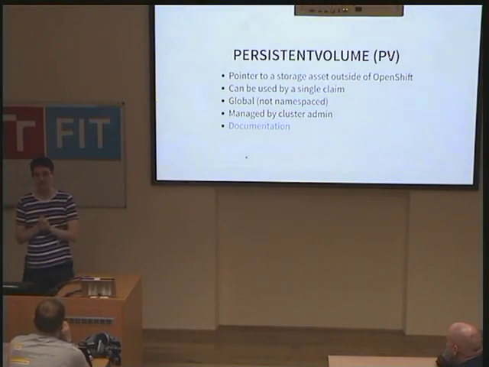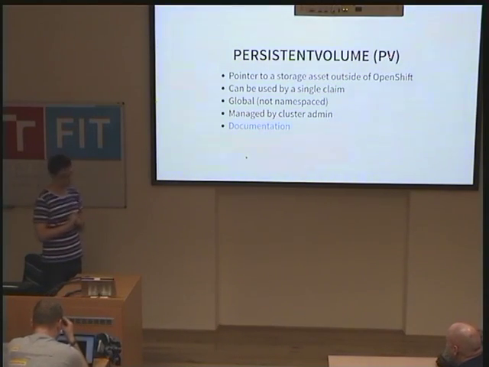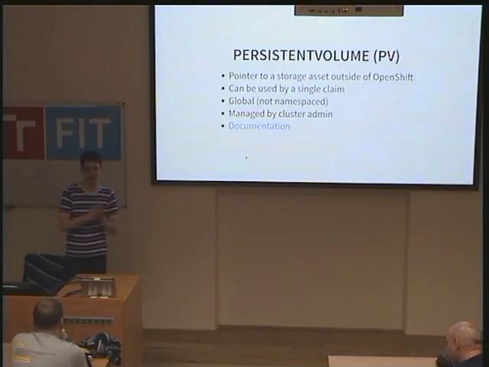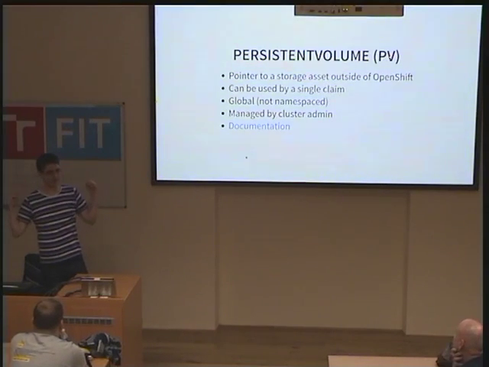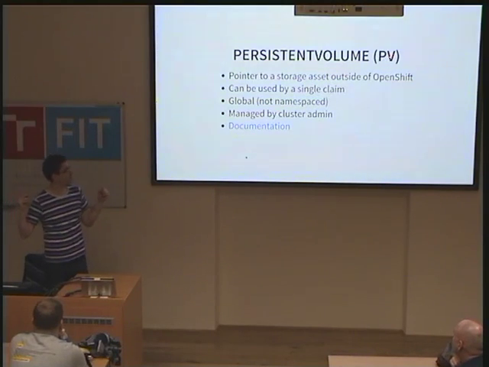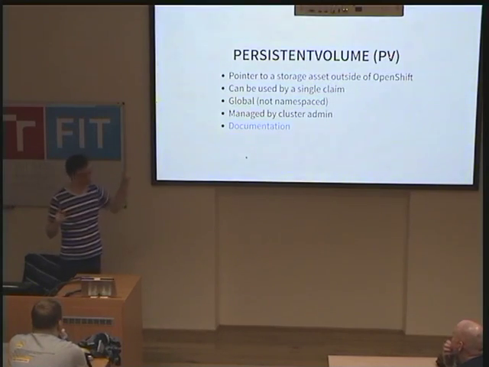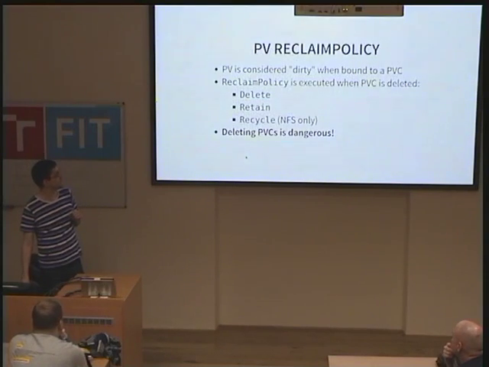So the persistent volume represents the storage, can be used only by a single claim, and it's a global object. So if the OpenShift administrator creates the PVs ahead, these PVs can be used by anyone. I will talk later about how to restrict some volumes to some namespaces, but by default they are global, and they are managed by the cluster administrator. Here are some details.